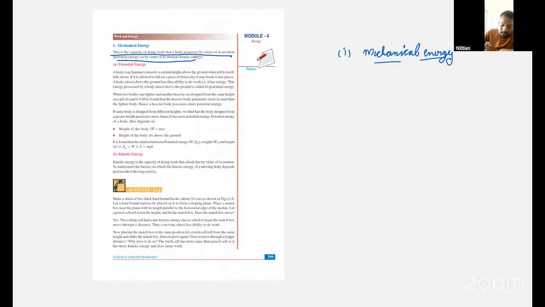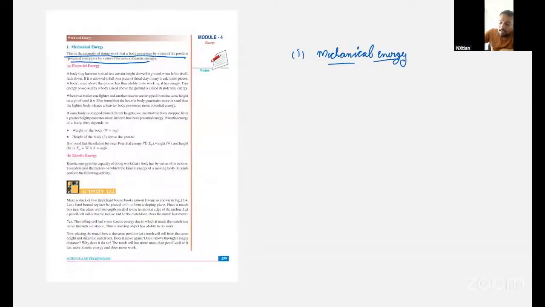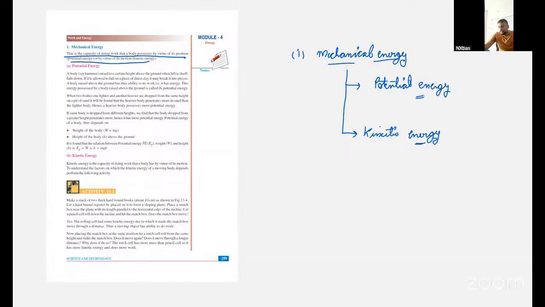Mechanical energy has two parts. First is potential energy, and the second one is kinetic energy. Potential energy and kinetic energy. Now we'll understand it.